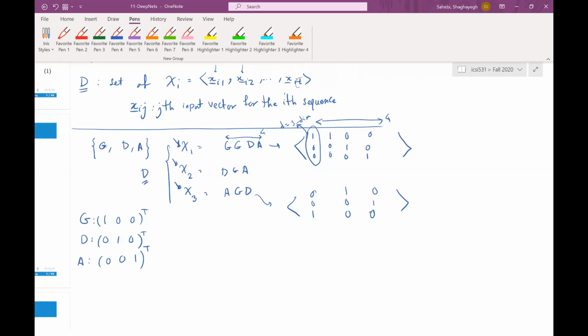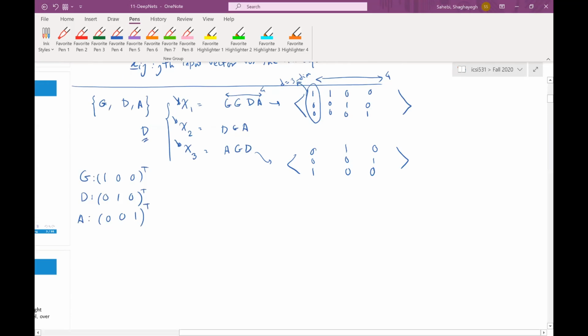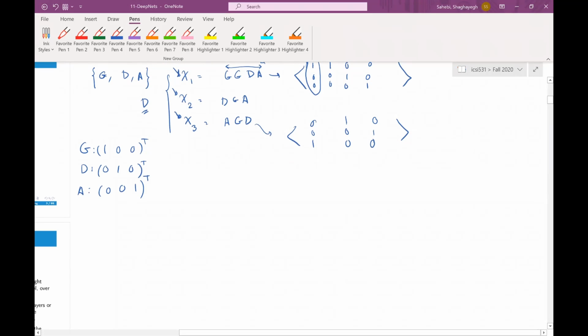Our data can also be labeled, right? So for example, in case of translation, suppose that we want to translate these gene sequences into some other kind of sequence. And suppose that this new sequence's alphabet is now different. It's alpha, beta, and gamma.